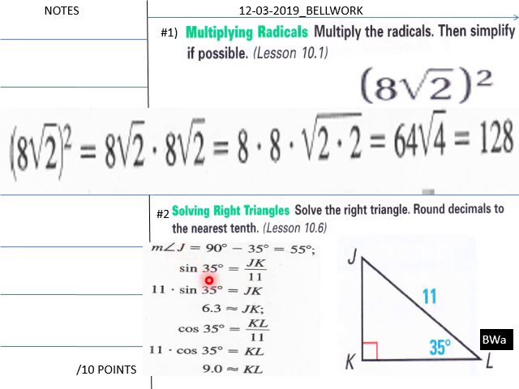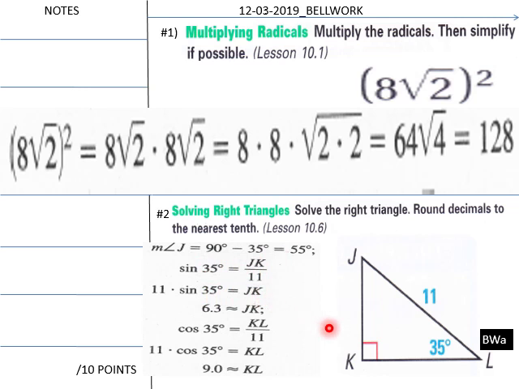Then for number 2, you get this situation here. We know the measure of J here is 90. Measure of angle J, that's K though. Oh, I see. Measure of angle J equals 90 minus 35, which gives you J, which is 55.